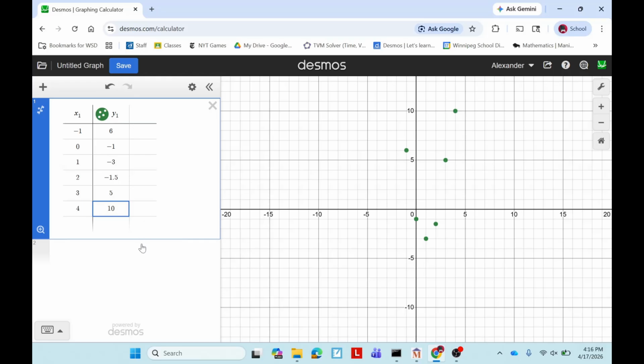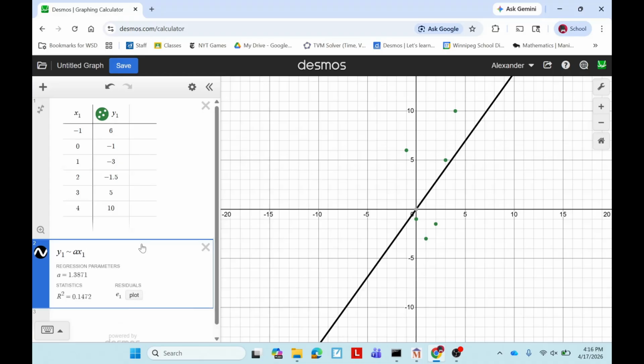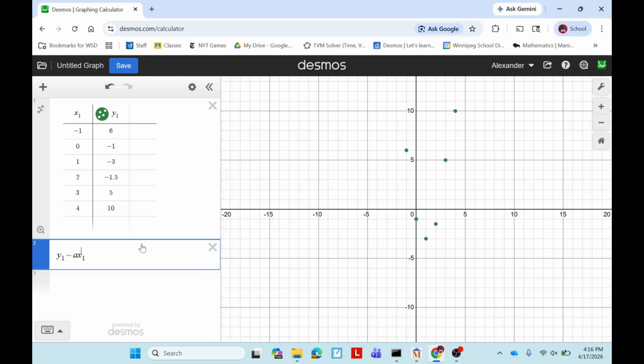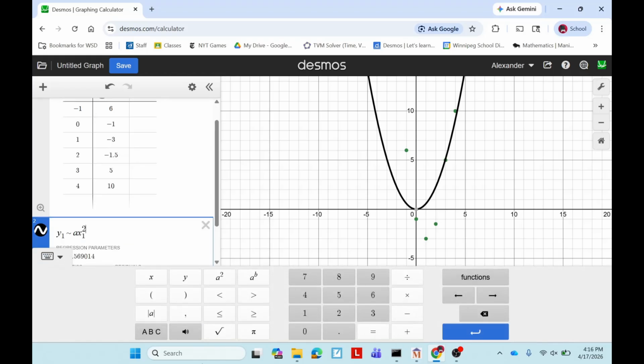So on our next line, we are going to put our regression equation. So y1, then our little squiggle, a x1. And now to get the squared, there's a couple of different ways you can do it. You can press shift and then 6. That is going to create a power of 2 exponent. Or if you click here in the bottom left, there's a keypad that has a bunch of extra buttons.